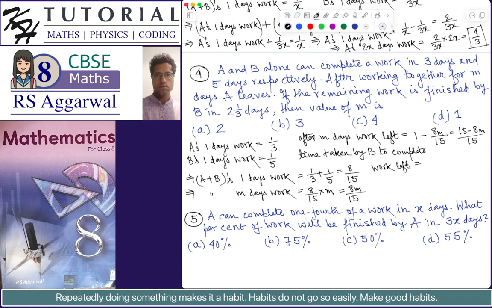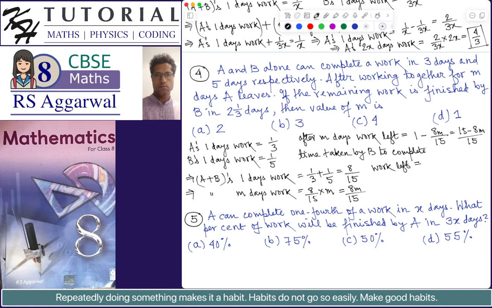It will be 1 by 5, I really can't write because I do not have space. So 1 by 5 work is done by B in 1 day, and then we have to find how many days it will take B to complete 15 minus 8m by 15.